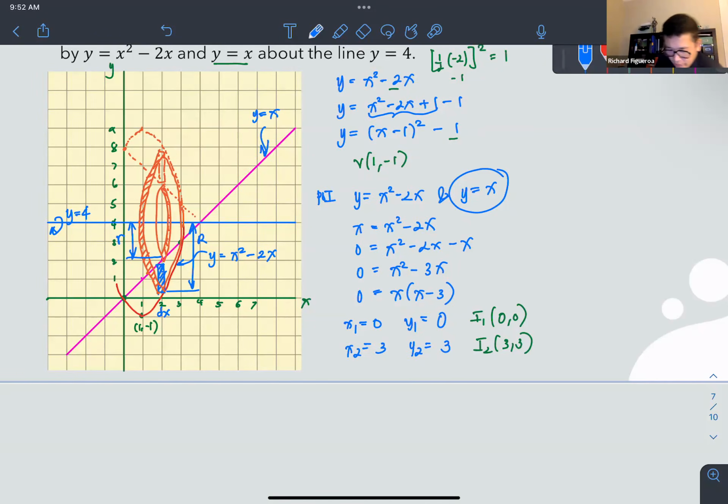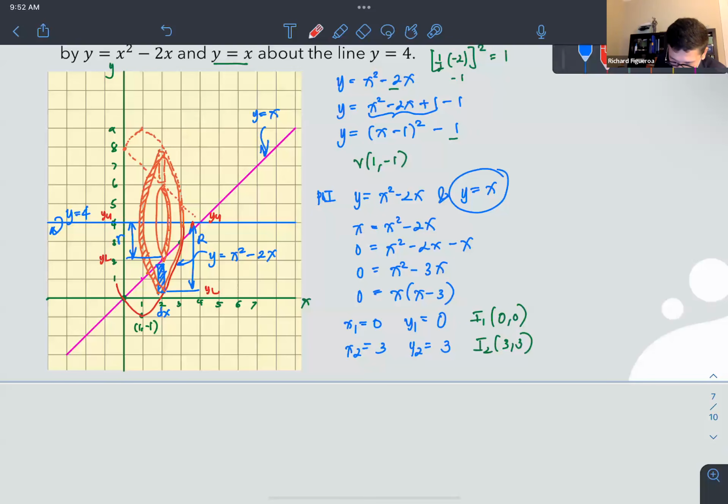So for the outer radius, magkakaroon tayo ng y upper at saka y lower. So we have ganun din dito, y upper, y lower. So look at the y upper. So saan tumatama? Dito sa y is equals to 4.